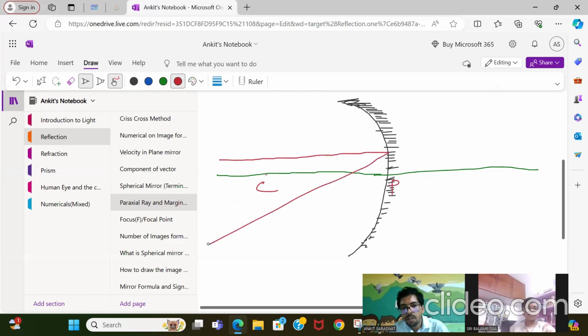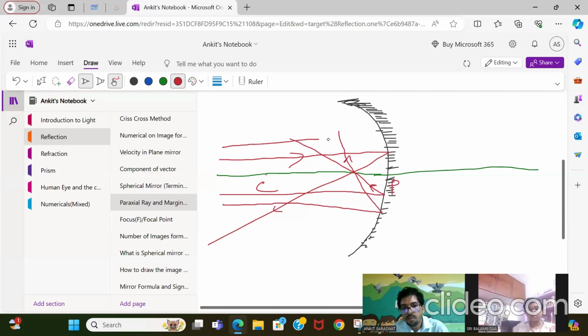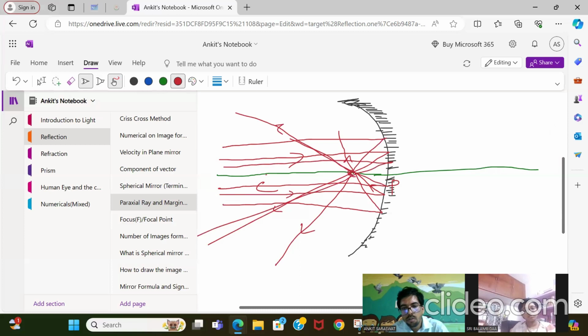See those lines very, very carefully. And now I will draw one more.